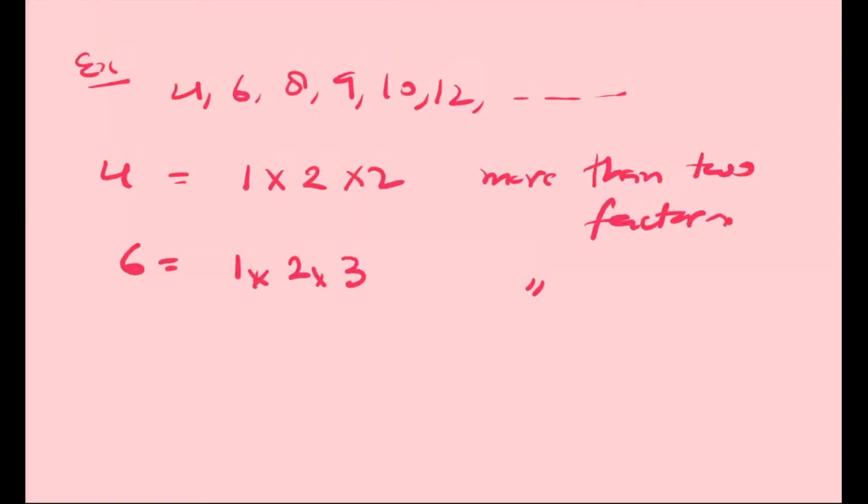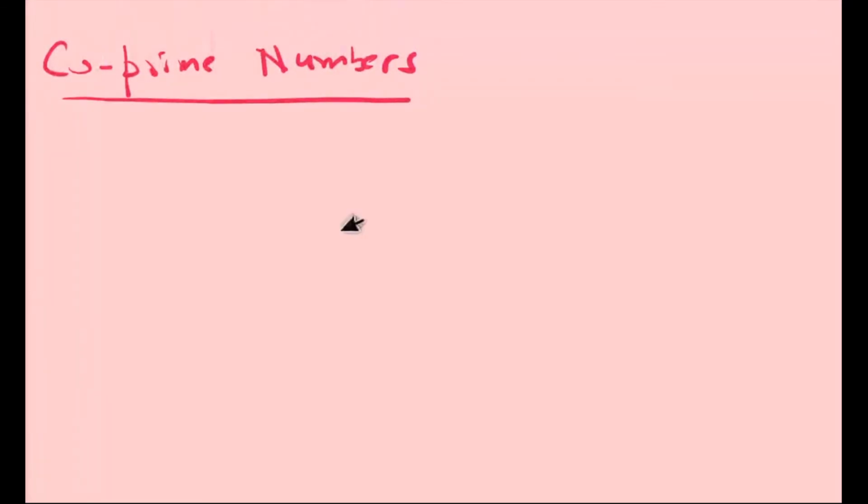Now what are co-prime numbers? There is a big difference between co-prime numbers and prime numbers. In the previous board we studied prime numbers, but now I am telling you about co-prime numbers.